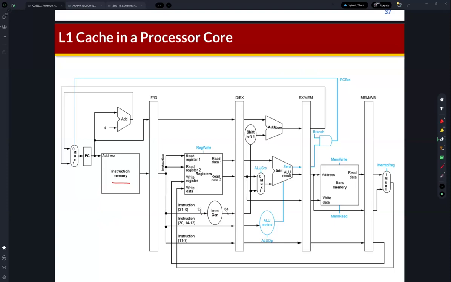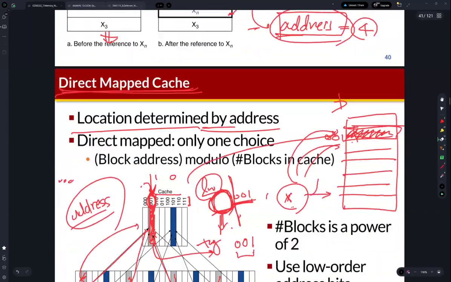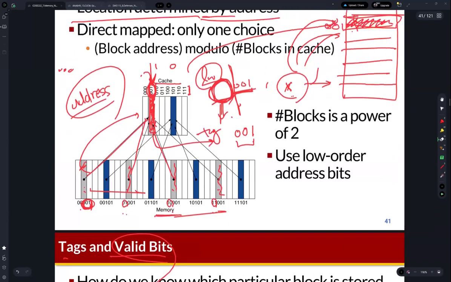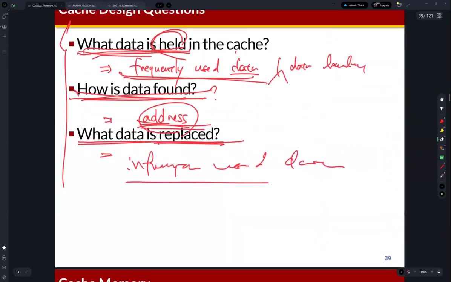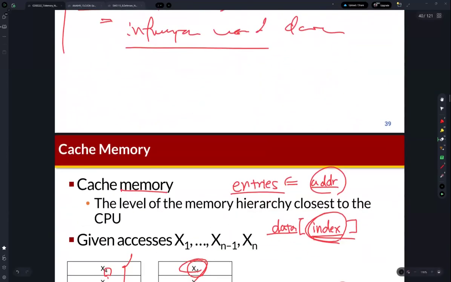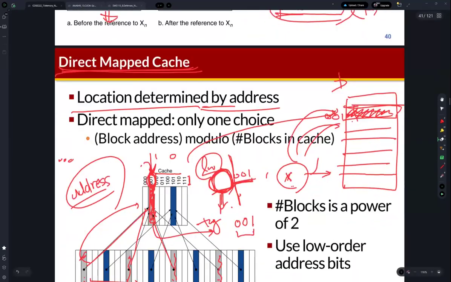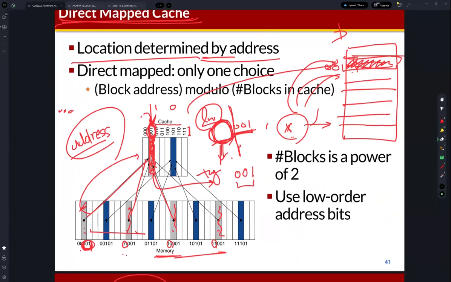So we learned how to allocate data in the cache. Because the cache size is smaller than the size of the main memory, we cannot store the entire data in the cache. We just store part of the data in the cache.